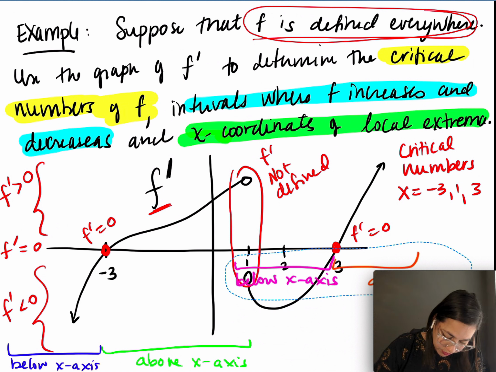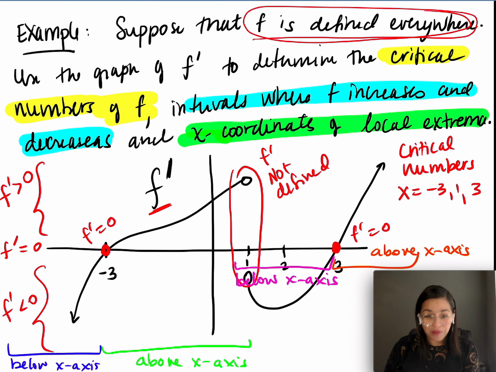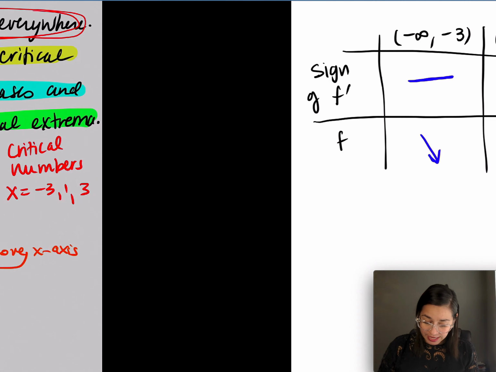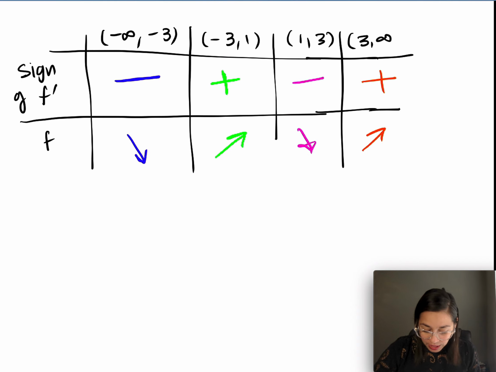Since it is above the x-axis, then we know that it is positive. So the function increases. And I know that if the sign of the derivative changes from negative to positive, you have a minimum, and then a maximum, and then a minimum.